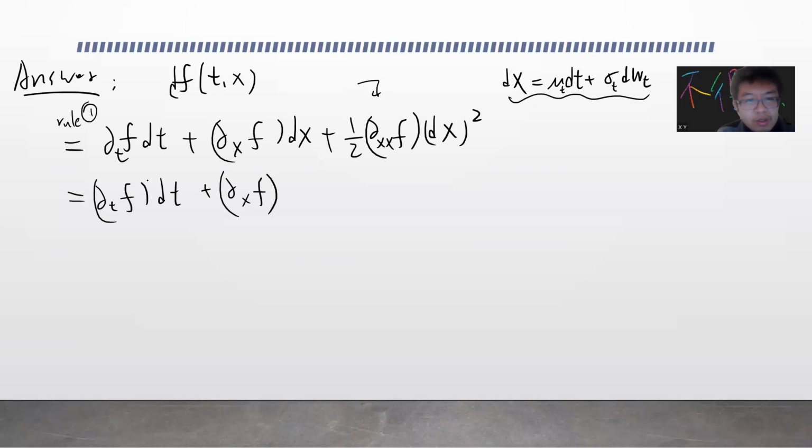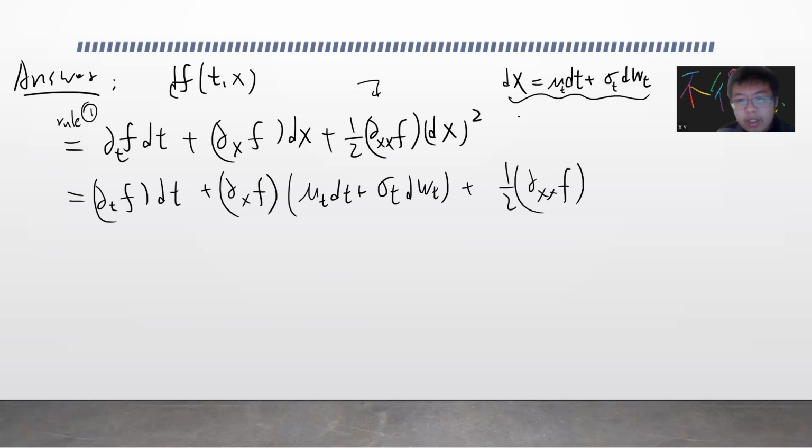So dx is mu t dt plus sigma t dWt, plus half of the second differential. The second differential goes like this with dx squared. So the rule is this: for dx squared, every term will disappear unless it is dWt squared.